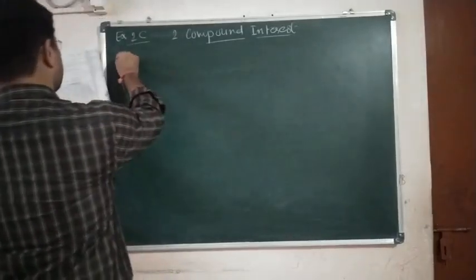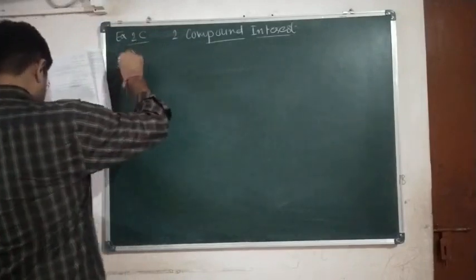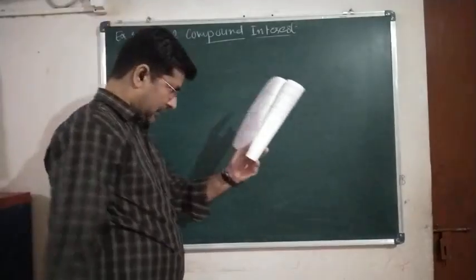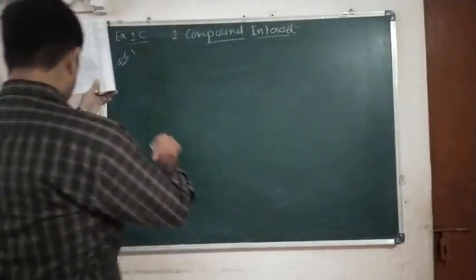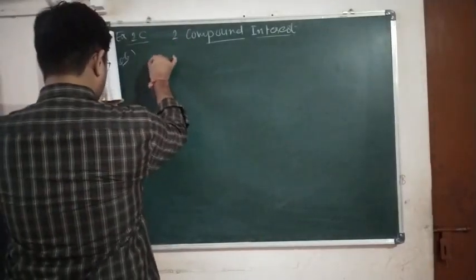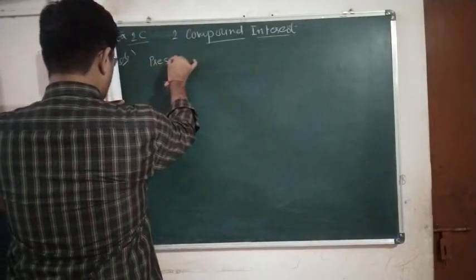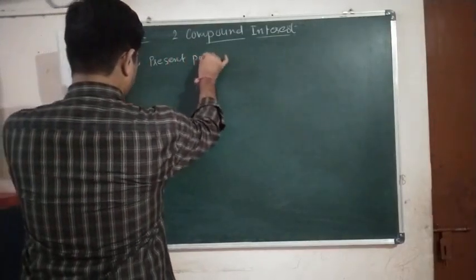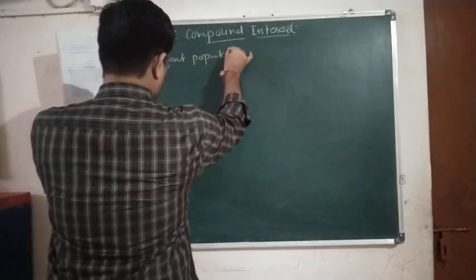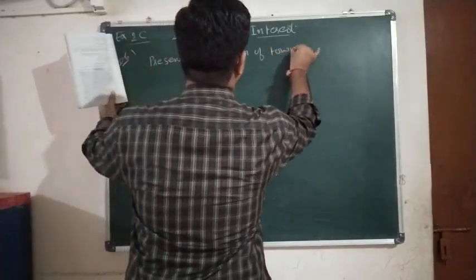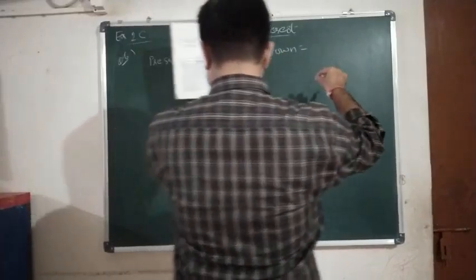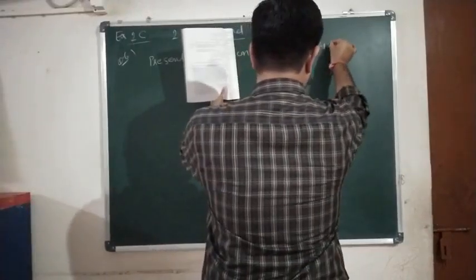Okay, now question number 6. The population of a town is 64,000. Present population of the town is given to be 64,000.